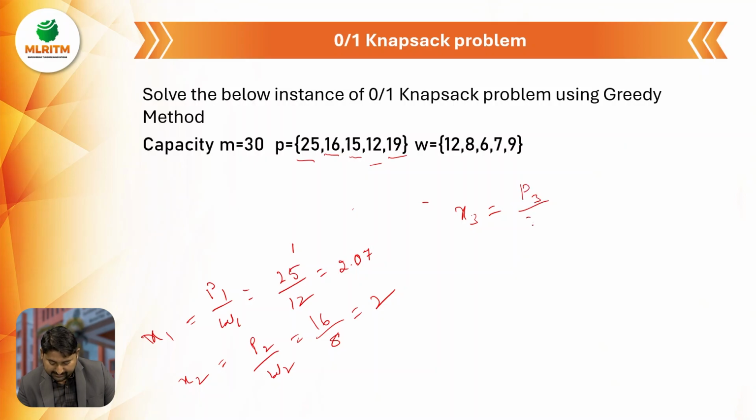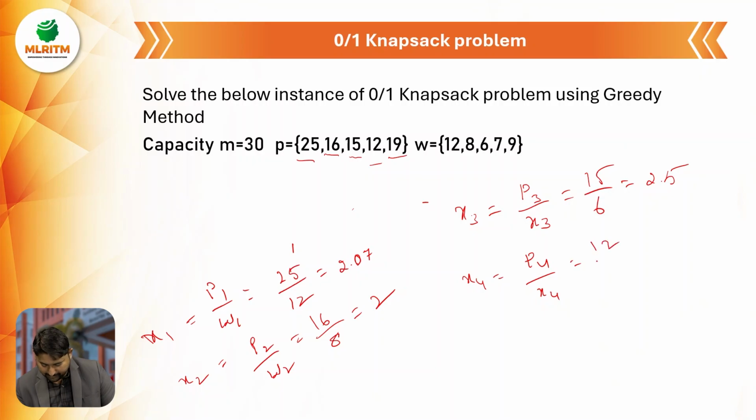P3 by W3 equals 15 by 6, which equals 2.5. Next, the fourth value, P4 by W4, equals 12 by 7, which equals 1.7. Last is x5, P5 by W5, which equals 19 by 9, which equals 2.11.